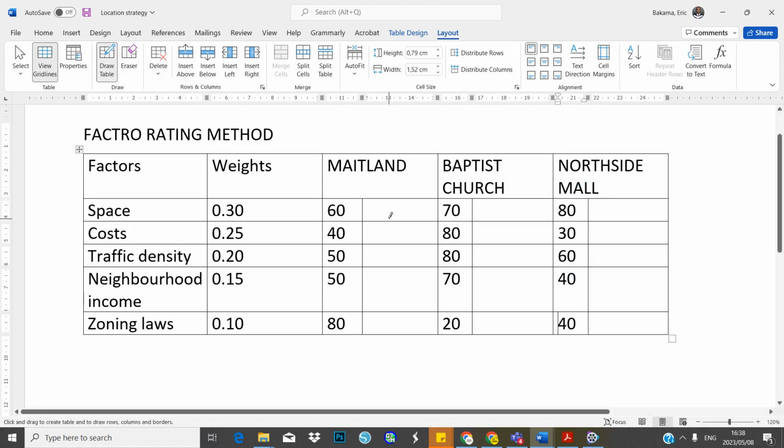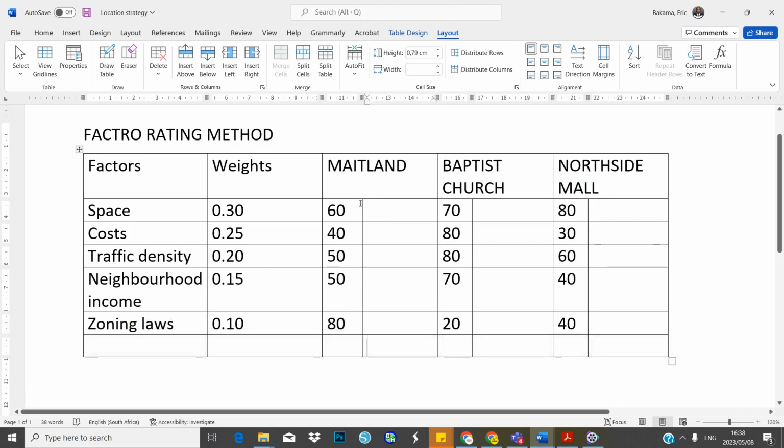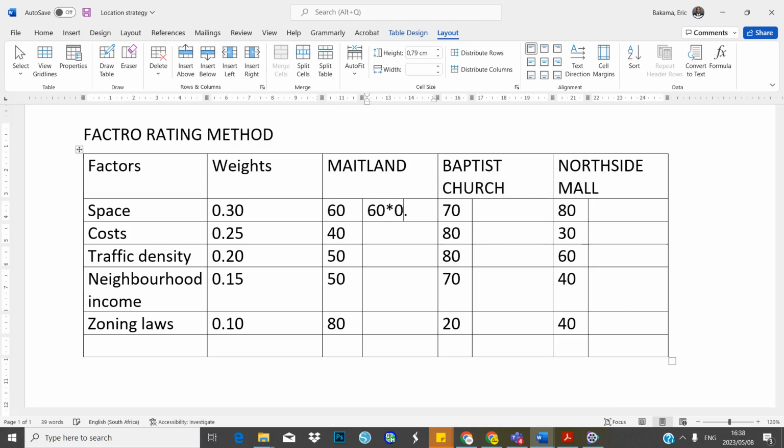So for Maitland, I'm going to take a total like this. You are going to take the rate that has been given to Maitland in terms of space times the value of the weight that we have here. So I'm going to get 60 times 0.30.